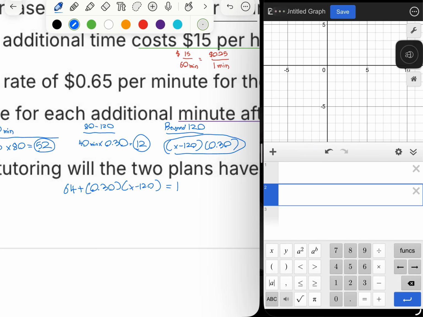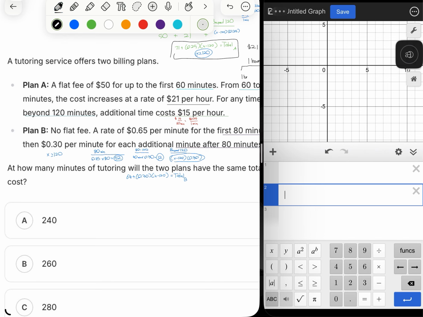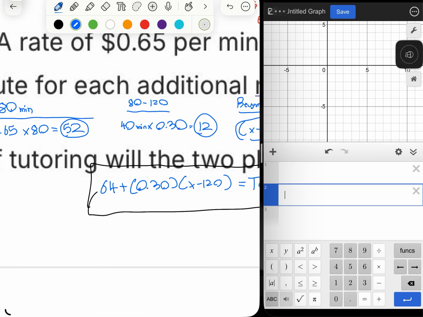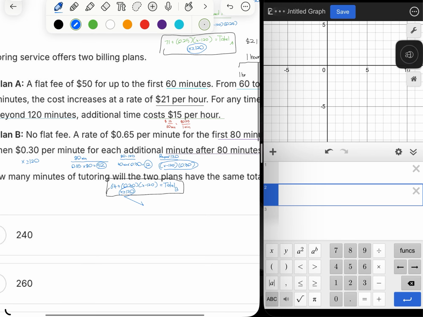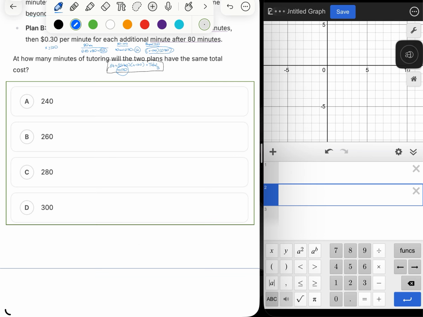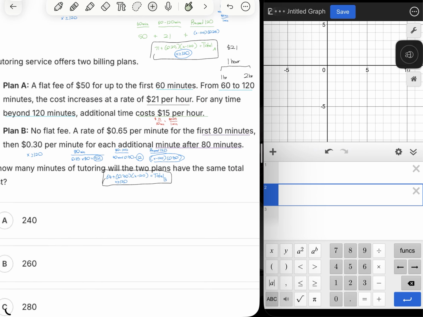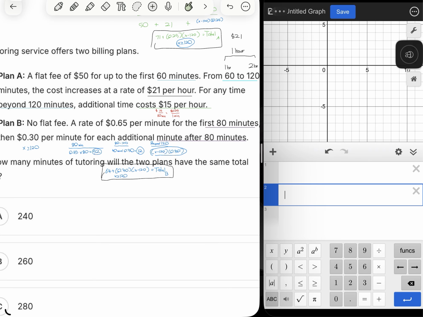And that's the total for plan B. Once again, this is not really necessary, but write it. This is a good place to check before you move on: make sure they're the same conditions. Now you have the same equations, and they have the same time condition applied.